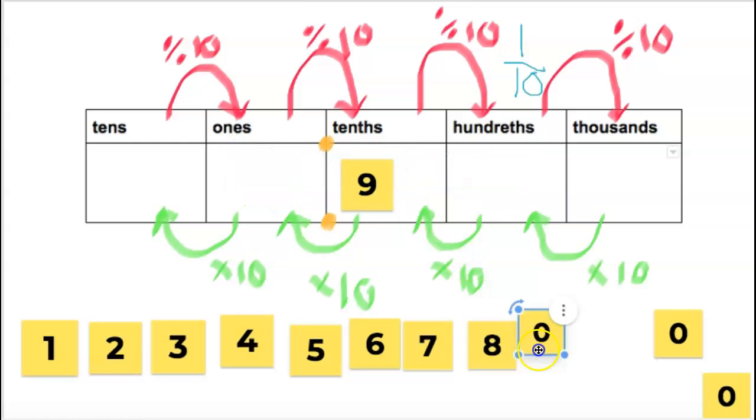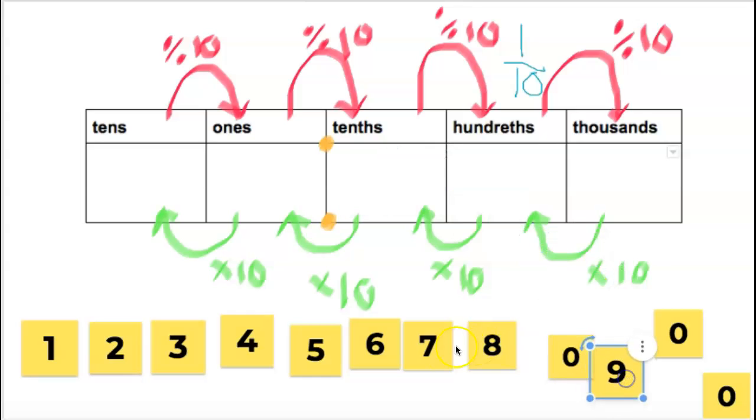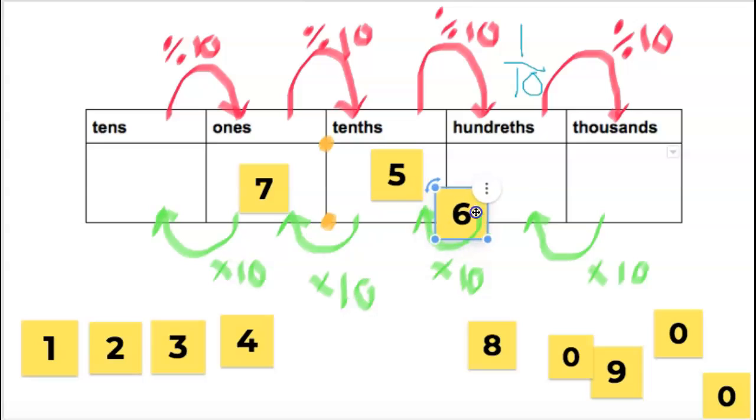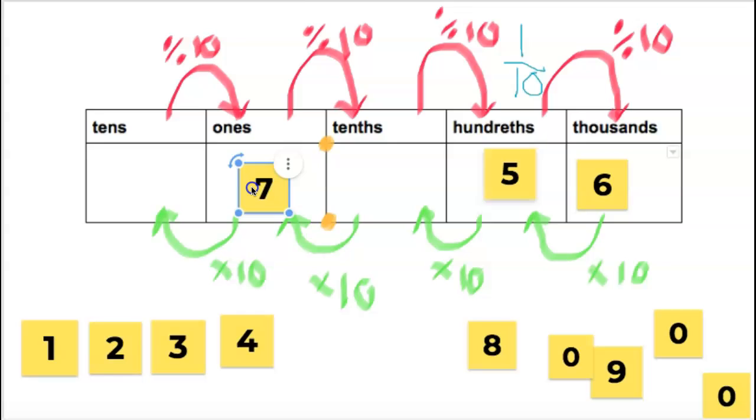And if you have more than one digit, you have to move all your digits. So if I had the number 7 and 56 hundredths, and I wanted to find 1/10 of that number, I would have to divide the number by 10, which means every digit would have to move one place to the right. So they're all going to move to the right, and I get 756 thousandths.